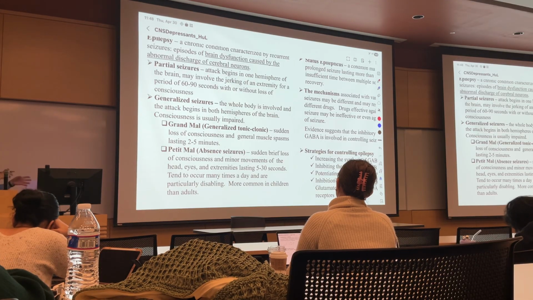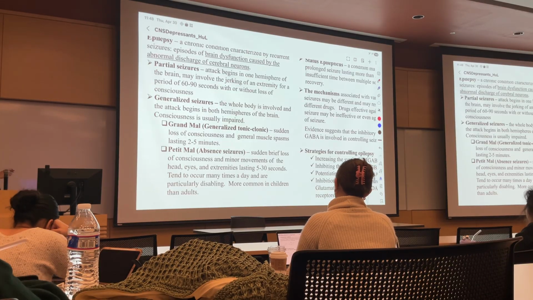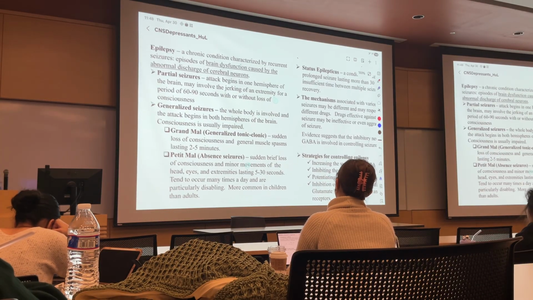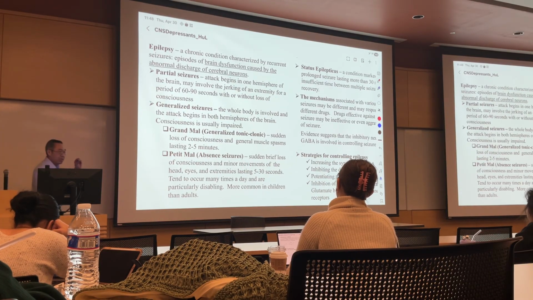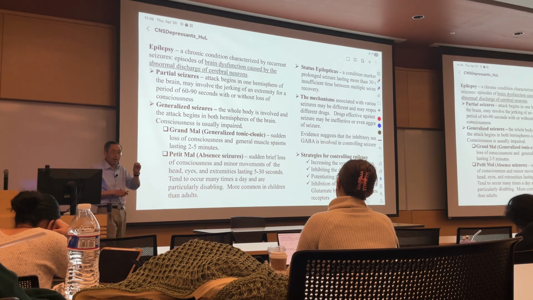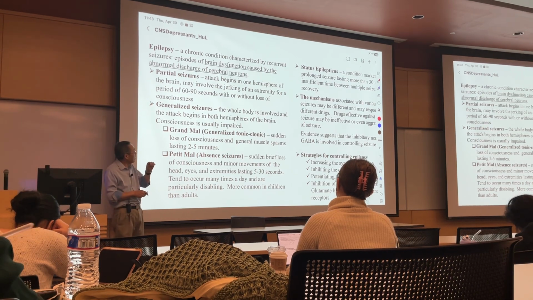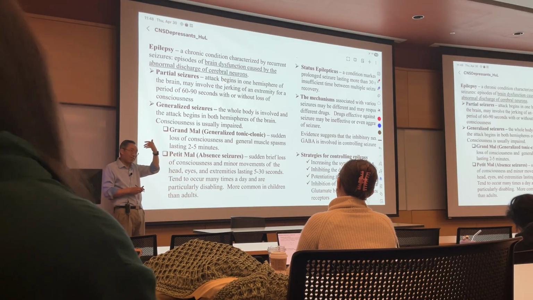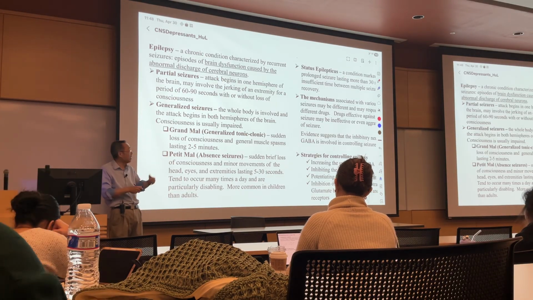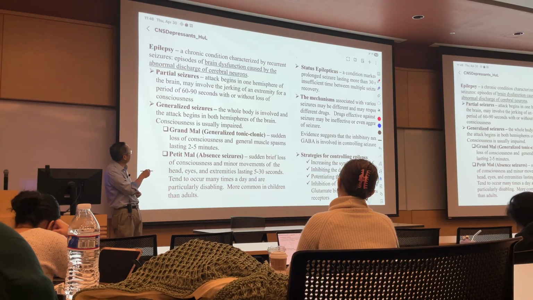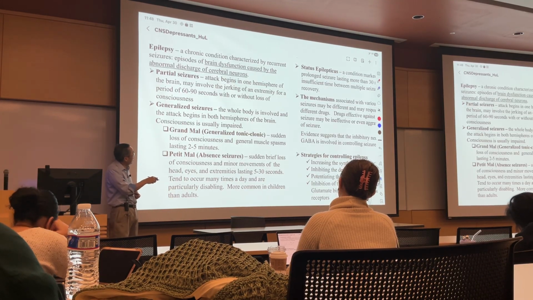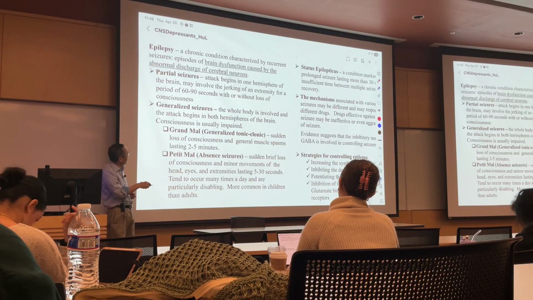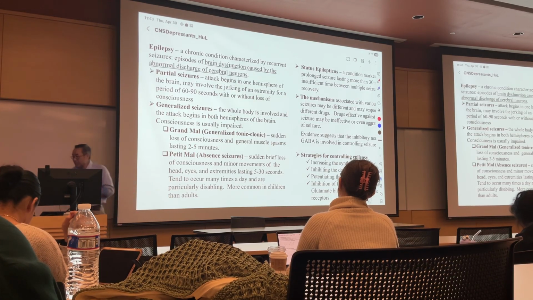So there are different kinds of seizures. You have partial seizures, so that means seizures that only start from one hemisphere, because our brain, central nervous system, is divided into two hemispheres. If it starts from one hemisphere of the brain, it involves jerking of the extremity only, probably mostly on one side, right?